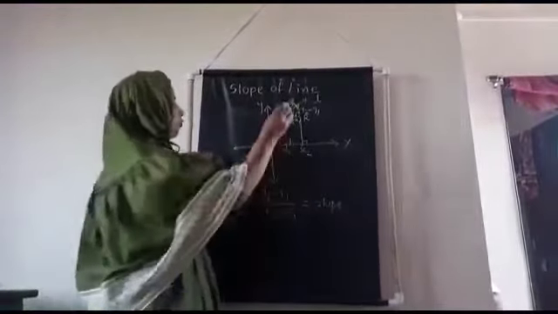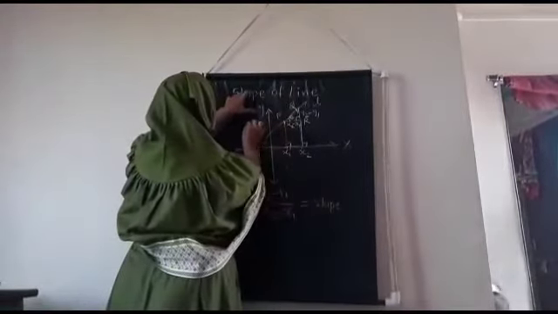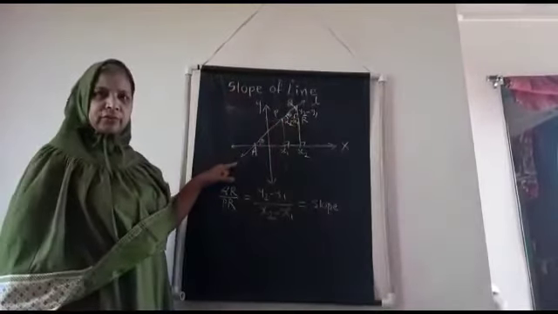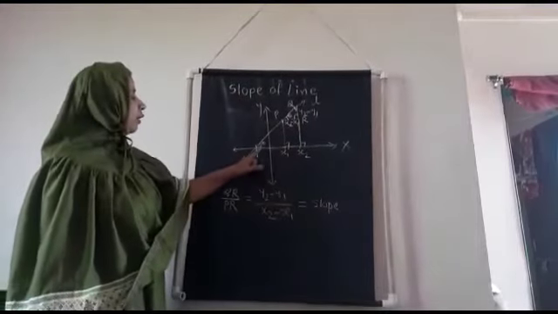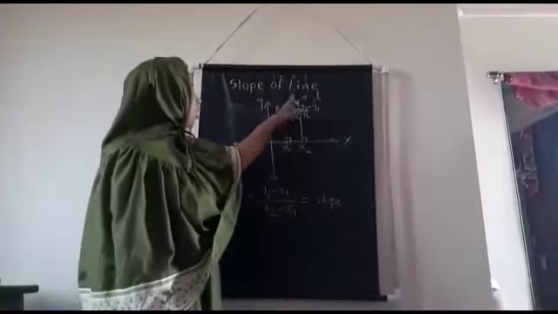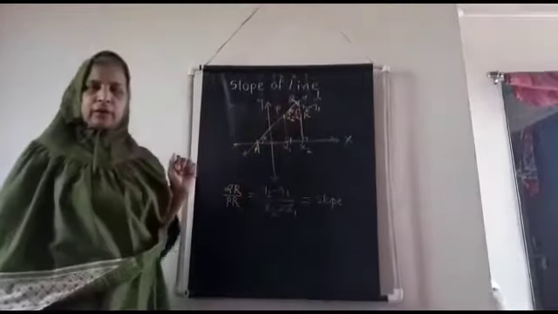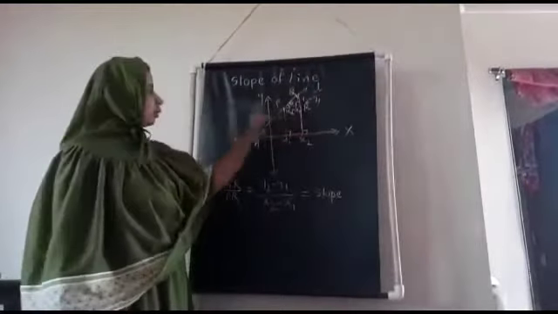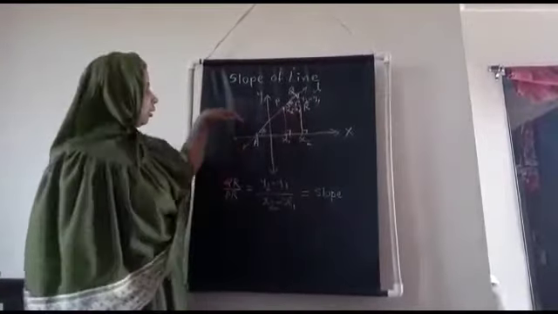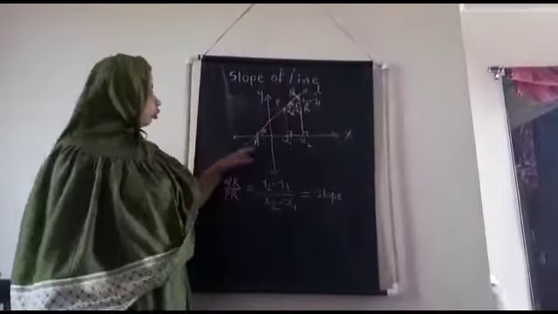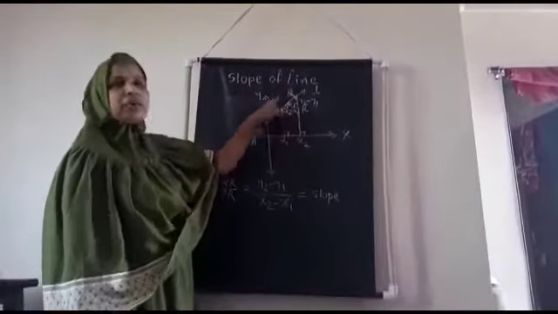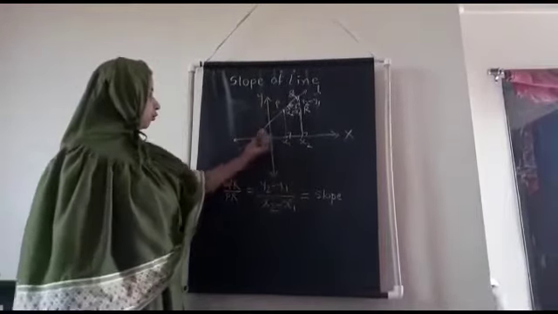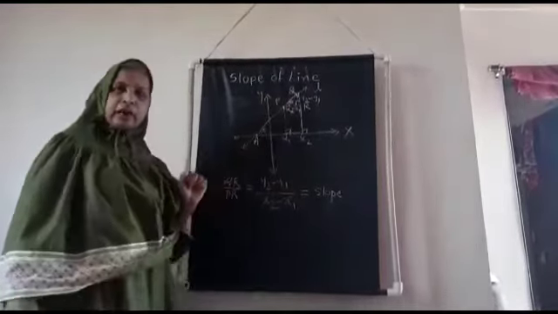Now if we extend this PR side, PR is parallel to the x-axis. So angle A is theta, and therefore angle QPR is also theta, because the x-axis and line PR are parallel and line L is a transversal. Angle A and angle P are corresponding angles, and corresponding angles are congruent.